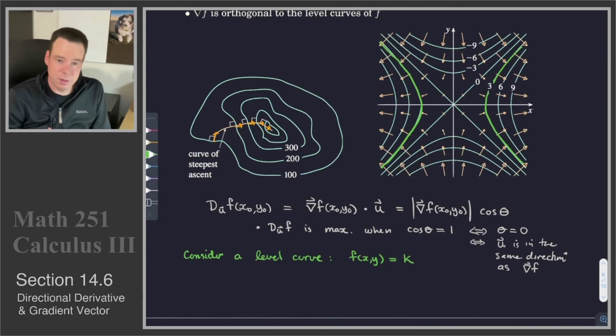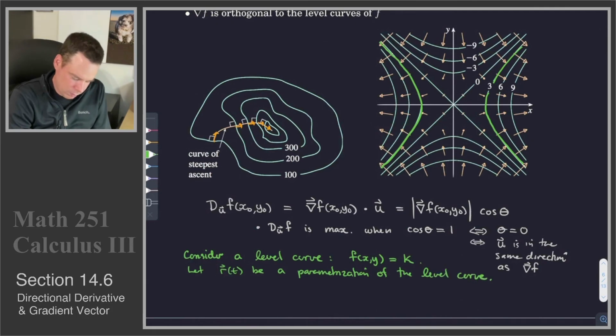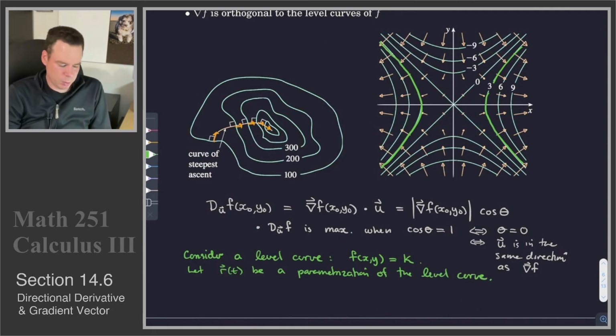And so let's just consider an arbitrary curve, f of xy equals k. Let's let r of t be a parametrization of the level curve. So that'd be like this curve corresponding to k equals 3 in the picture above. R of t would be a parametrization of that curve, whatever it is.